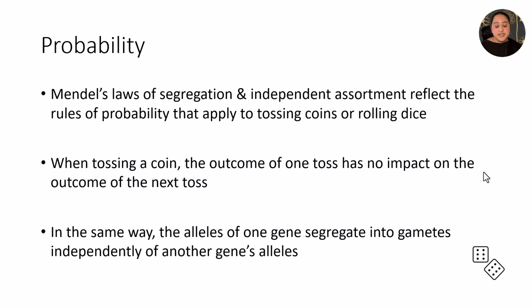So you could think about tossing a coin. If you're tossing a coin and it lands heads, there's no guarantee that it's going to land heads again if you do it again. If you do it over and over and over, then it's going to end up like a 50-50% chance. Each time you flip it, there's a 50% chance it will either be heads or tails, and it doesn't matter what happens after or before.